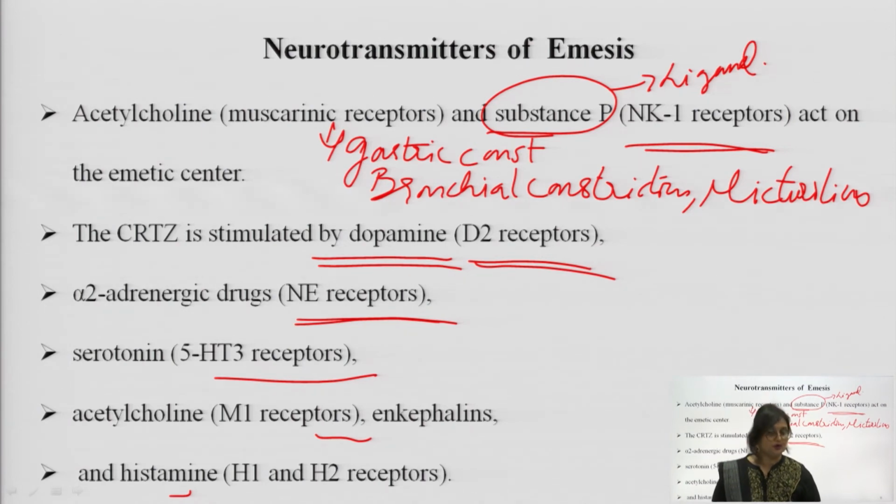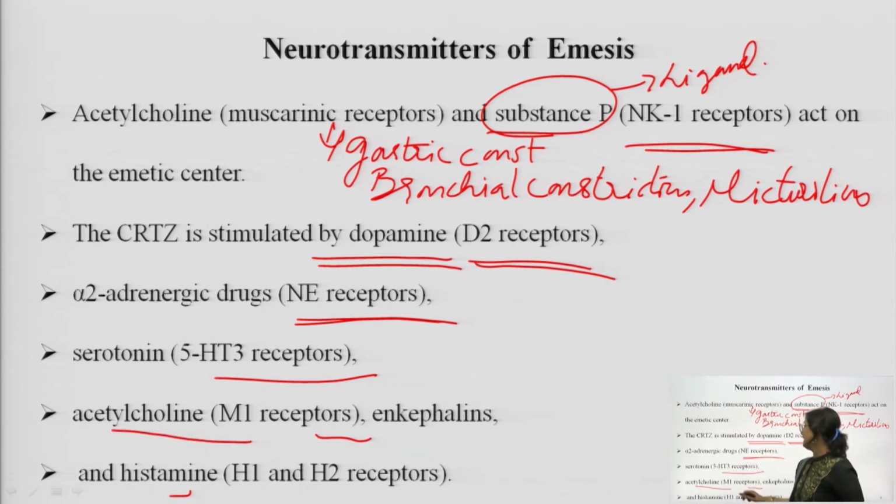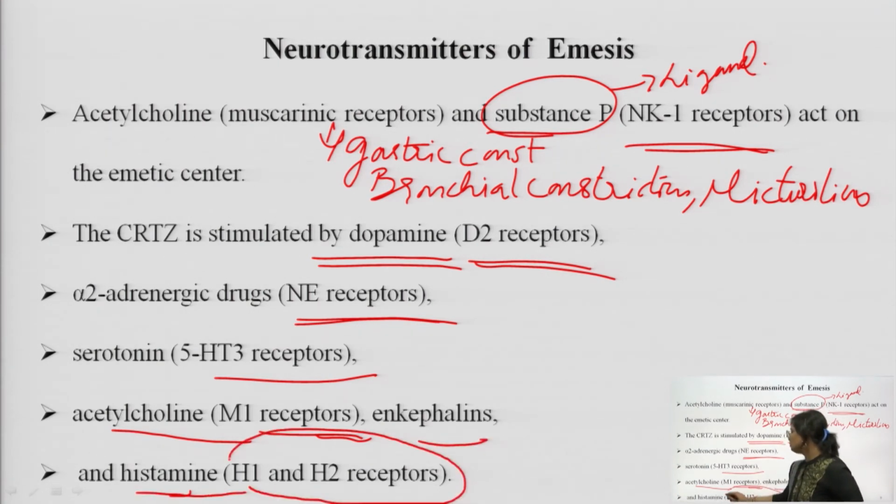These are very important hormones which affect the vomiting center, or the emetic center. Acetylcholine also acts on M1 receptors, and there are enkephalins and histamines, which act on H1 and H2 receptors. So, here we have seen the list of neurotransmitters that affect the emetic center.